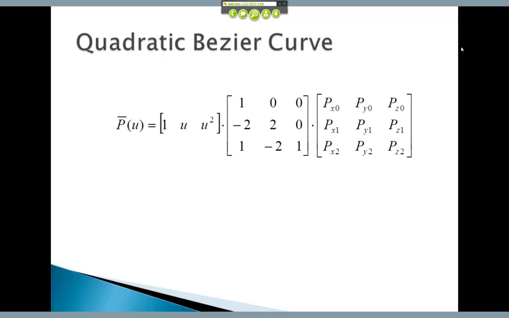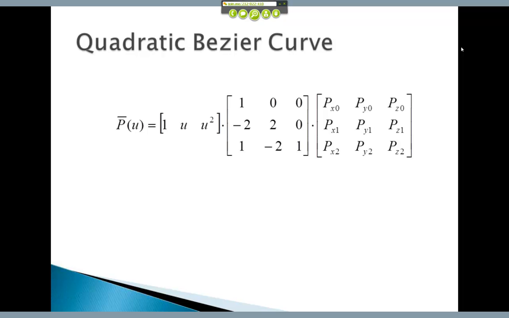How did we get these columns of our MBE? Well, they come from Pascal's triangle, partially. So this first column is the third line on the Pascal's triangle, which is the quadratic exponents of a 1 minus u squared expansion.